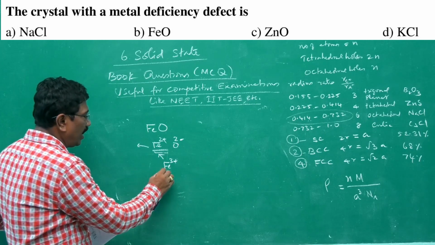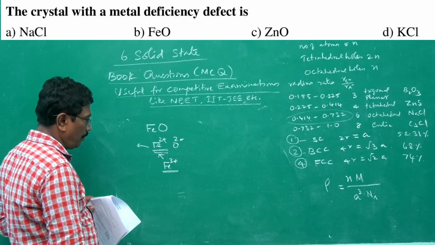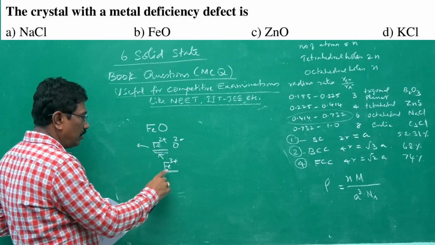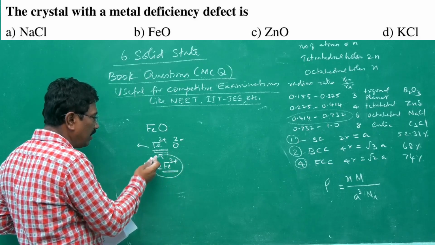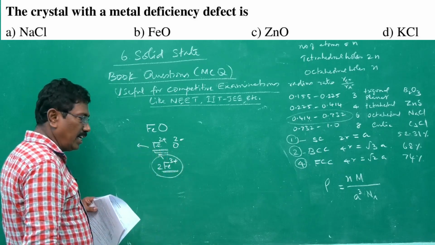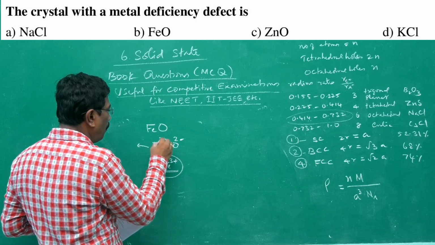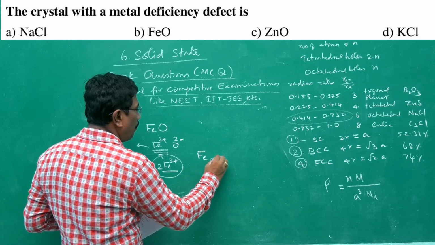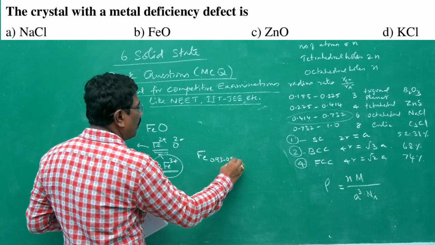For example, if one Fe3 plus is entering, 1.5 Fe2 plus has to go out. If 2 Fe3 plus come in, 3 Fe2 plus will go out to make the charge equal. And therefore, the number of ions gets reduced, and already we have seen Fe 0.98 O we may get.